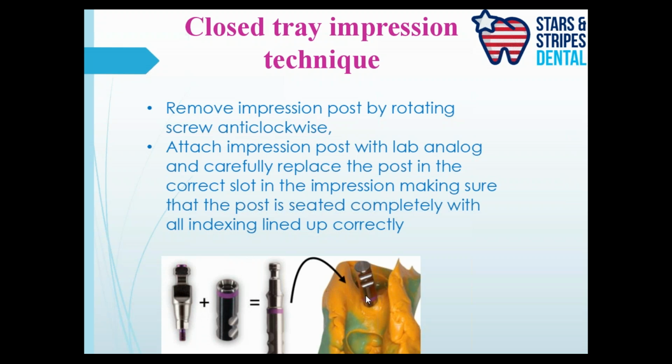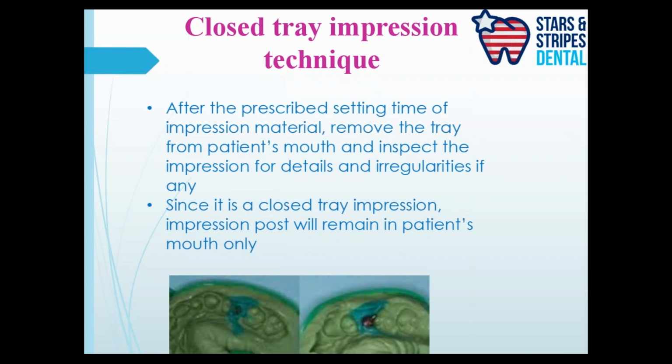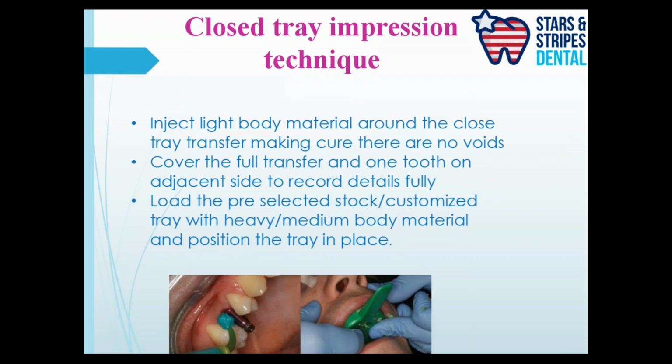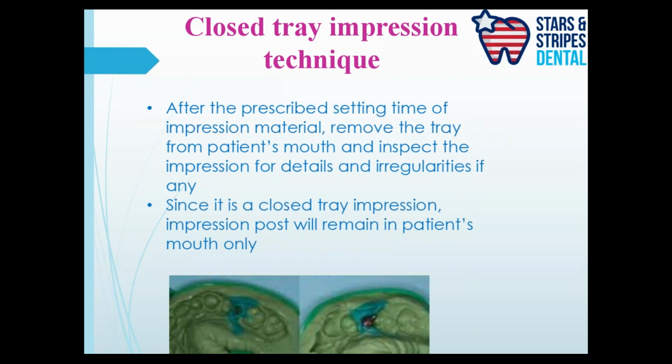Now this is the only drawback that I see with the closed tray technique: if you are not careful enough, when you have to replace the coping back in the impression. You have placed the coping in the patient's mouth, and it fits in a certain way, and then you take the impression, remove the impression tray, and then try to fit the same impression coping that you removed from the patient's mouth in the impression in the exact same way.